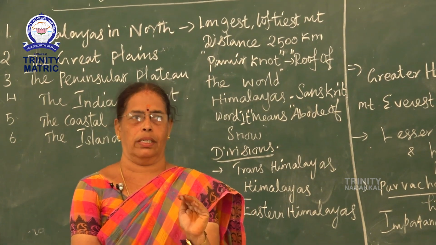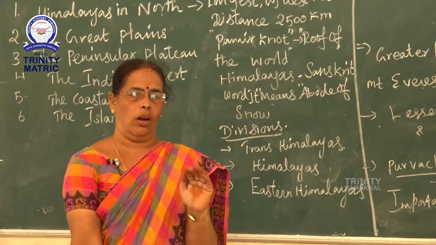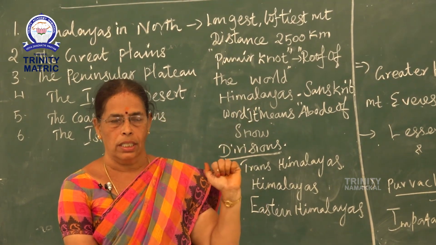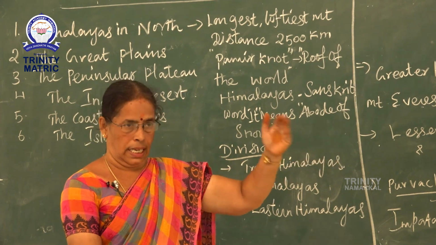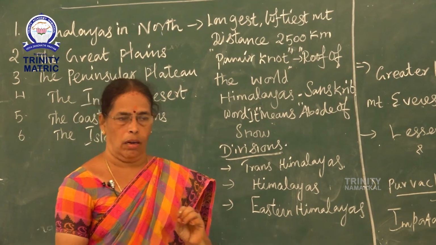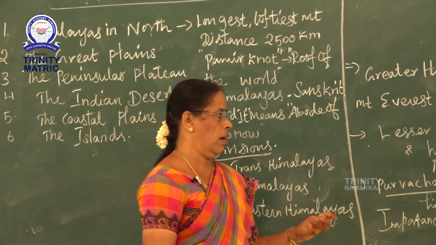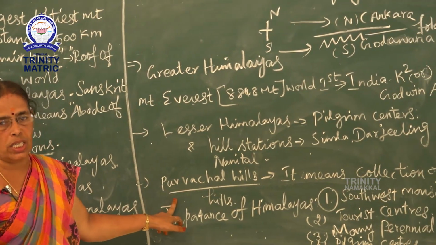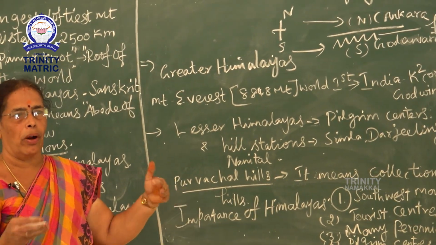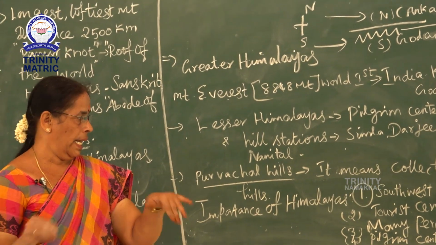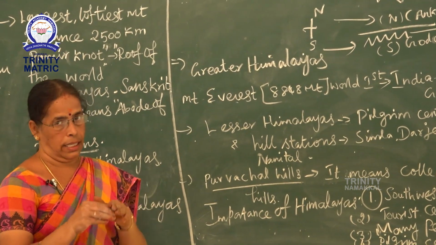Last year in summer they went to hill stations. In the Lesser Himalayas, for example Simla, Darjeeling, Nainital, there are so many hill stations. Then what is Purvanchal? Purvanchal is a group of hills, the collection of hills.